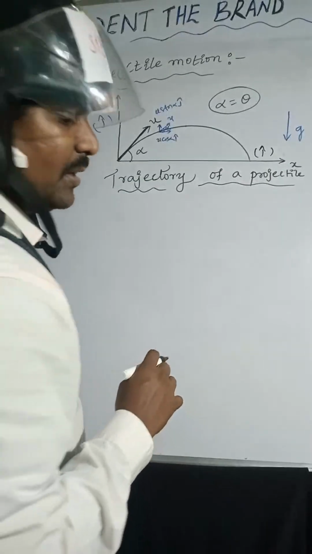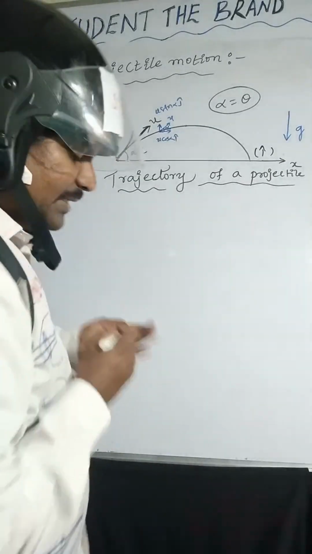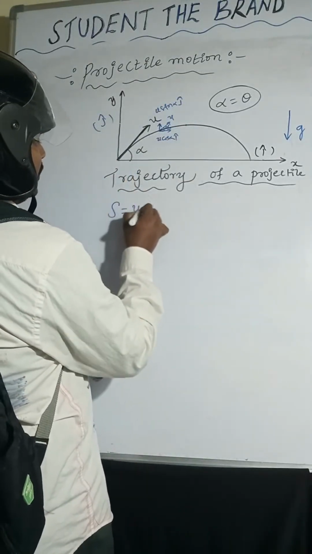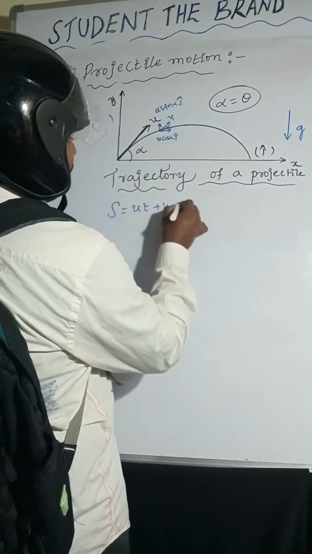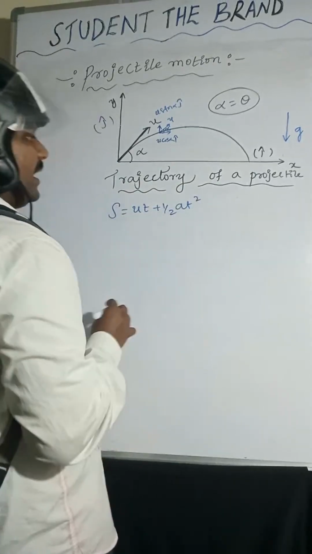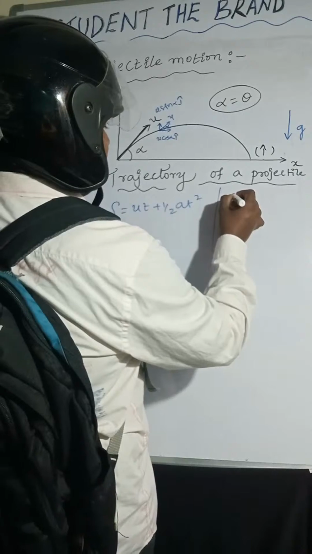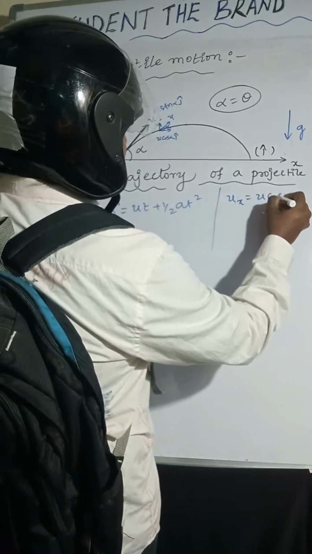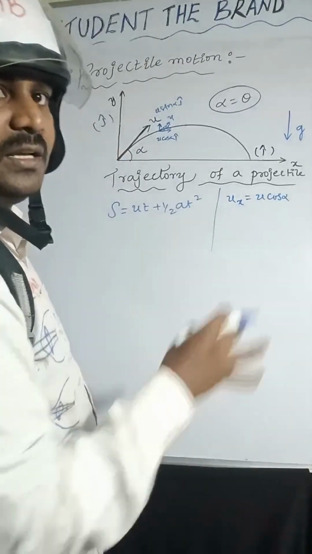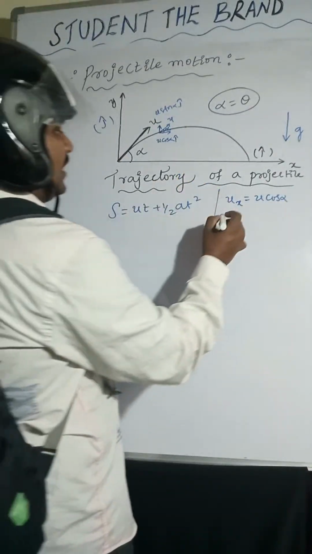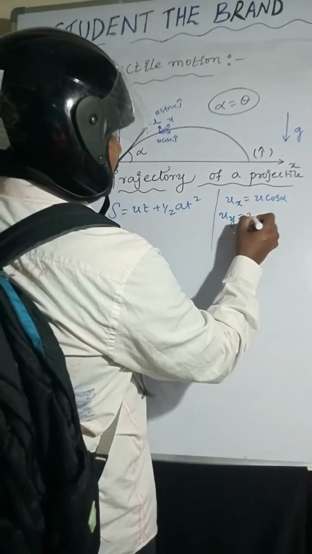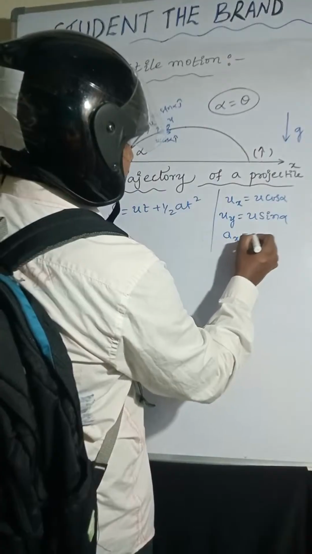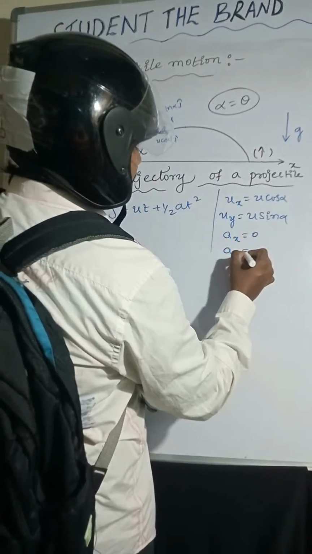Now S equal to ut plus half at square. Okay, so conditions. ux equal to u cos alpha. Very important conditions, you have to substitute these. uy equal to u sin alpha. ax equal to 0, ay equal to minus g.